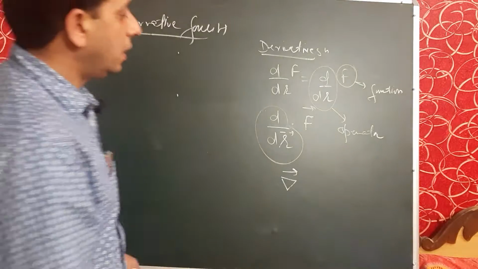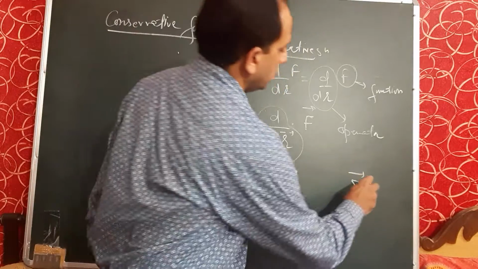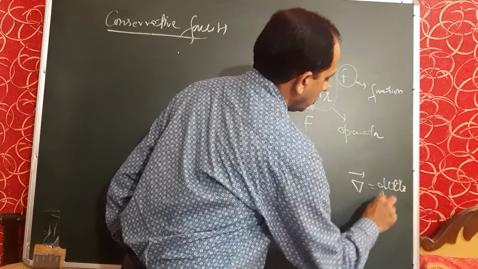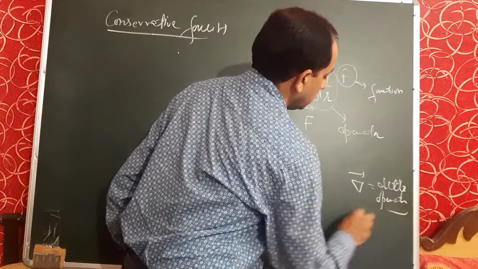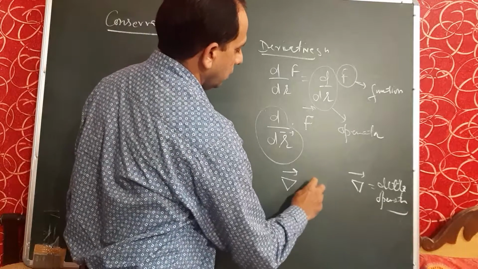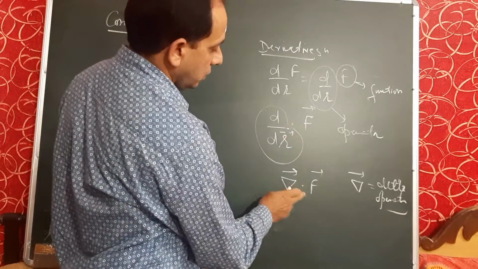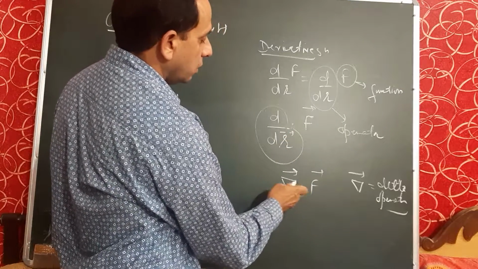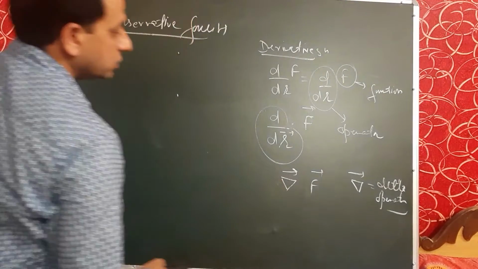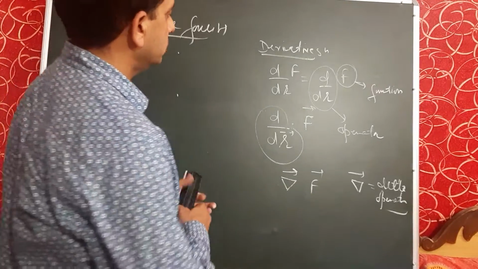It is called the del operator, where this inverted triangle is called del, and f is called the function. The multiplication of the two may be dot multiplication or it may be cross multiplication.